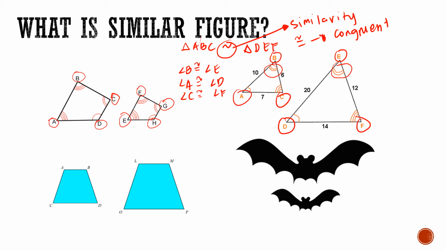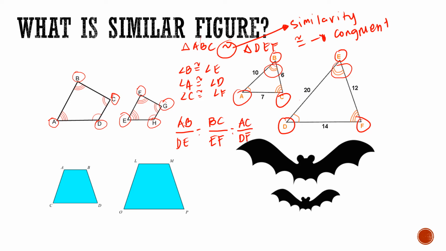Now let's see if the second definition of similar figures also satisfies our figure. Let's get the ratio of their corresponding sides. Side AB corresponds to side DE, and it should be equal to side BC corresponding to side EF, and equal to side AC corresponding to side DF.